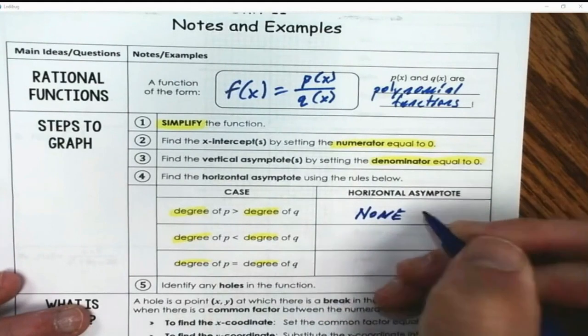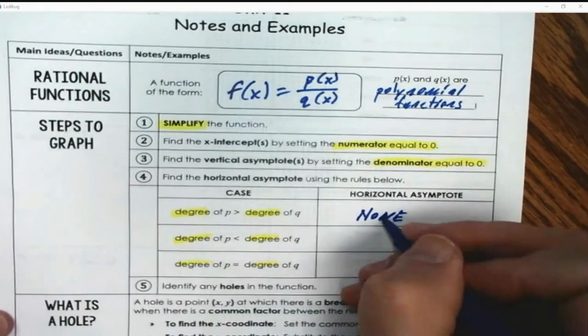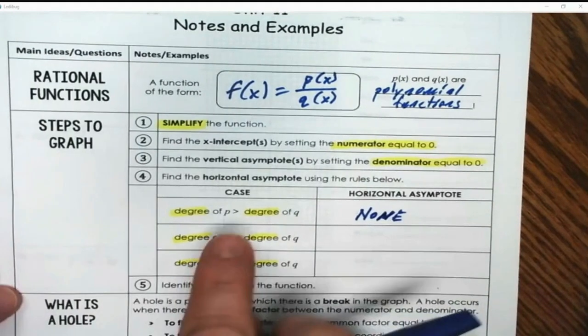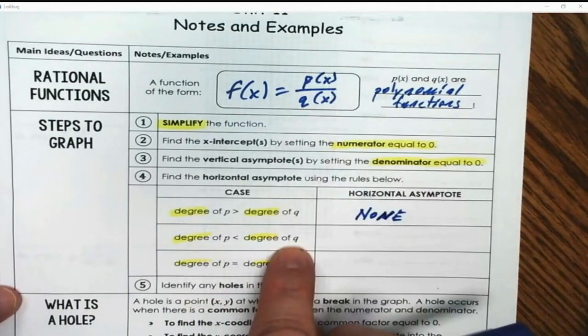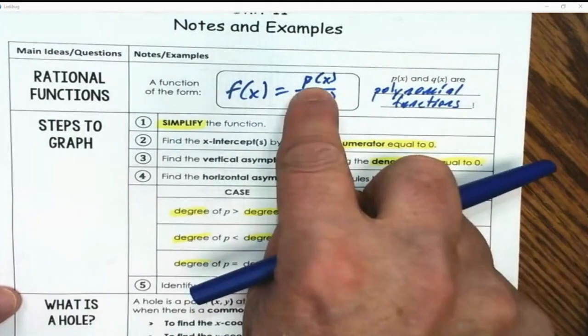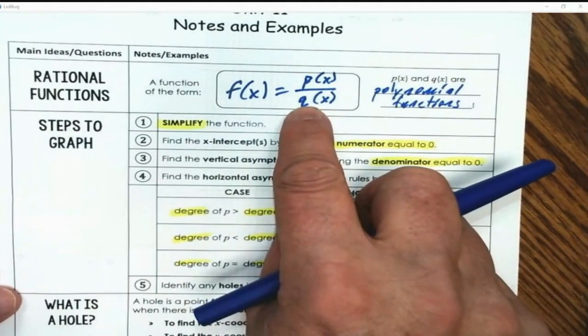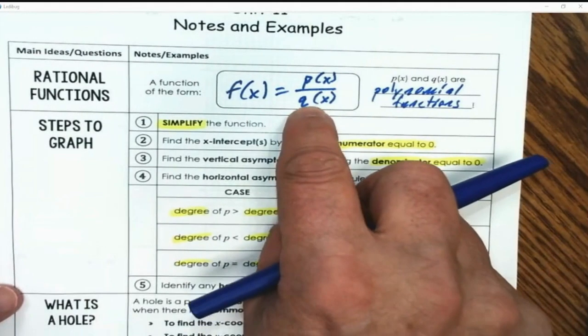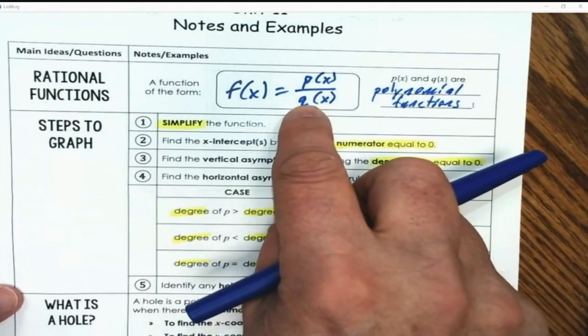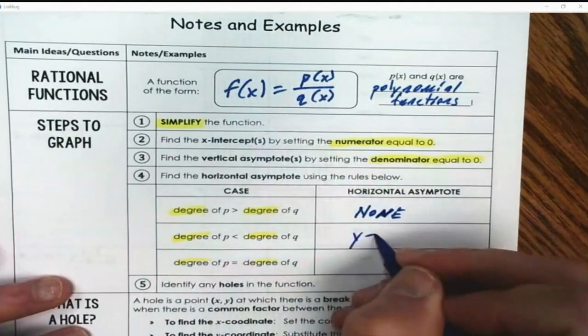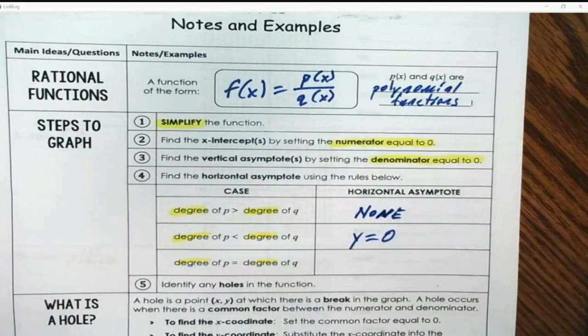None. It will not have one. If the degree of the top is less than the bottom, maybe x to the third divided by x to the fifth, or x to the fourth divided by x to the sixth, the bottom is larger, then our horizontal asymptote is the x-axis, y equals 0.